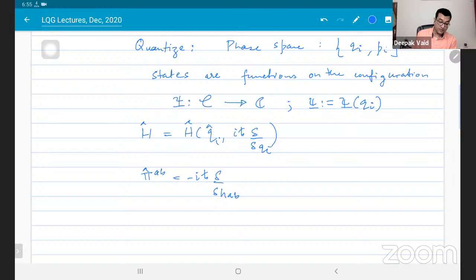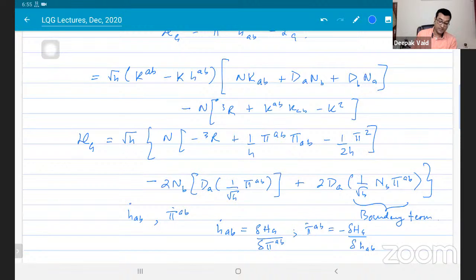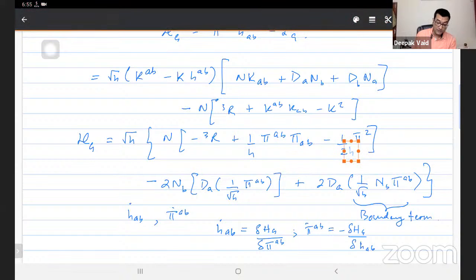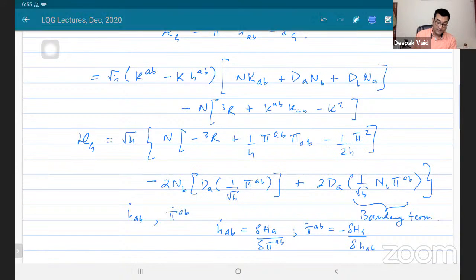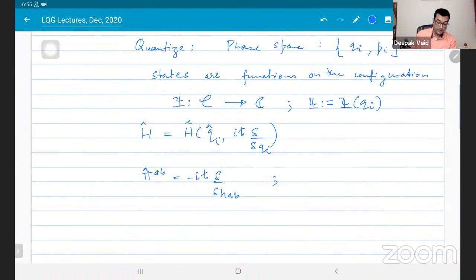Now, if you try to express the various terms in this Hamiltonian in terms of this, what will happen is, well, one of the things is that you have these factors of 1 by h and 1 by root h, right? And so what is h? h is equal to the determinant of h_ab, right? So you have to write down h also as an operator, right?